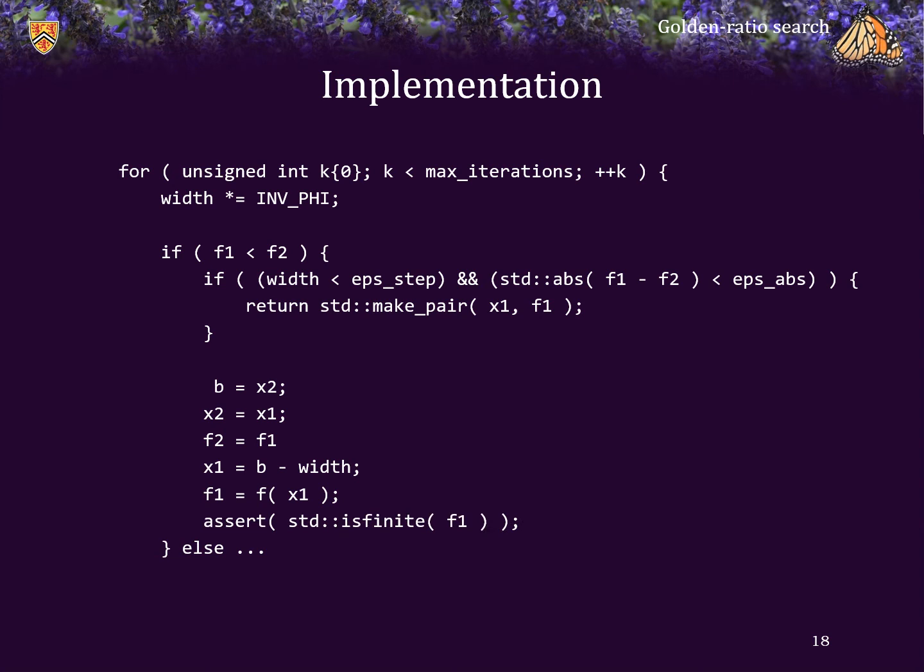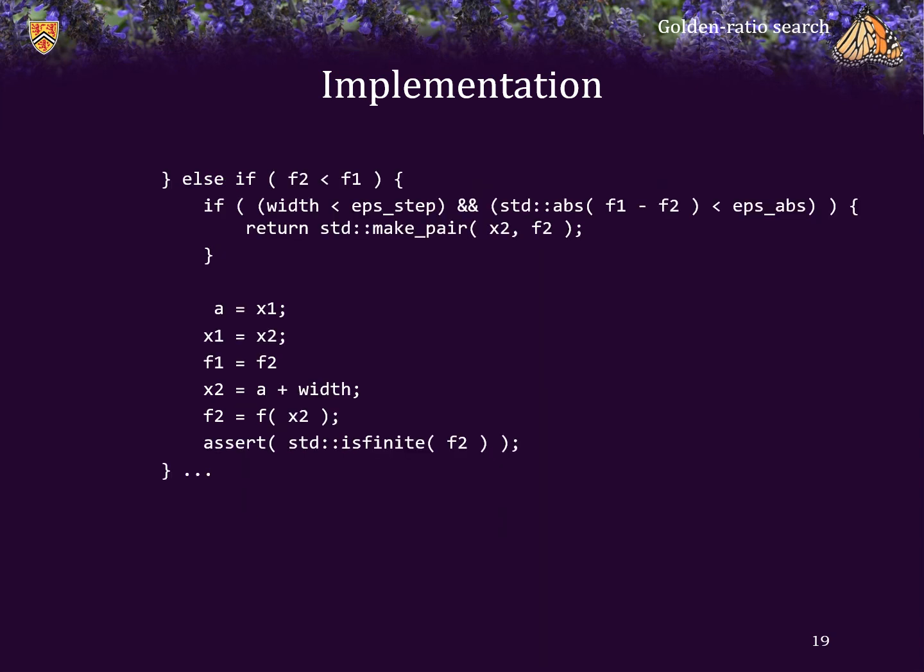Again, we're going to assert that this value is finite. All right. Alternatively, if f2 is less than f1, we will more or less perform the same operations. We will check if the conditions for terminating are met. If so, we will return x2 and f2. Alternatively, we will update.